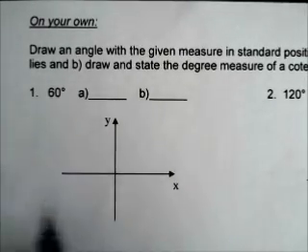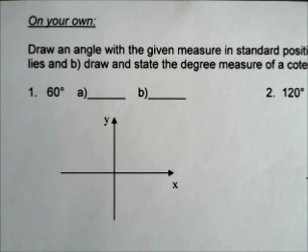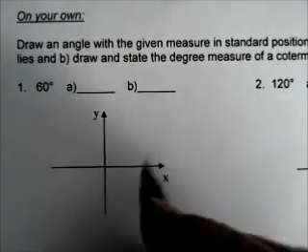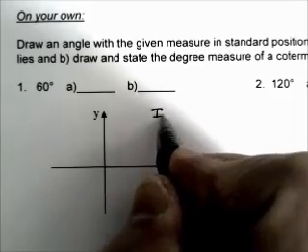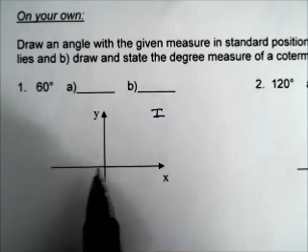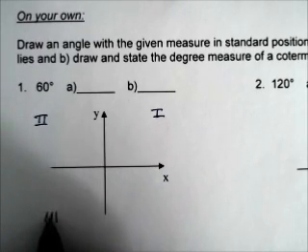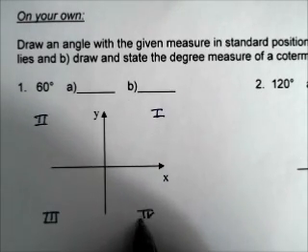Our x and y axes are perpendicular to each other, and they divide the coordinate plane into 4 quadrants. Starting in the upper right, this is quadrant 1, and then going counterclockwise, quadrant 2, 3, and 4.